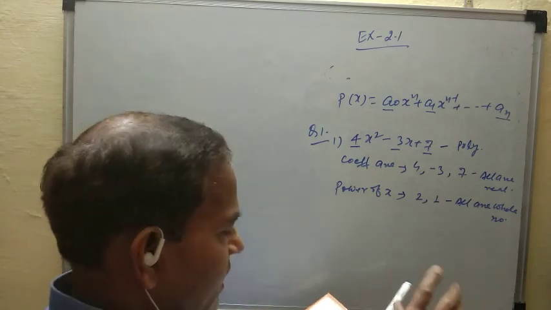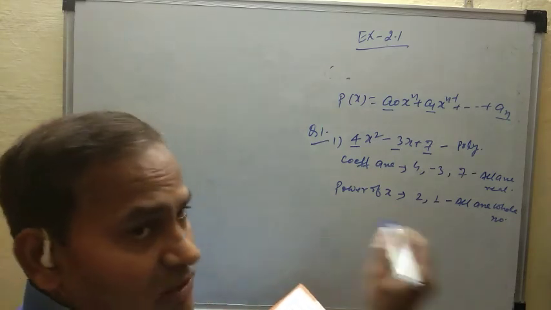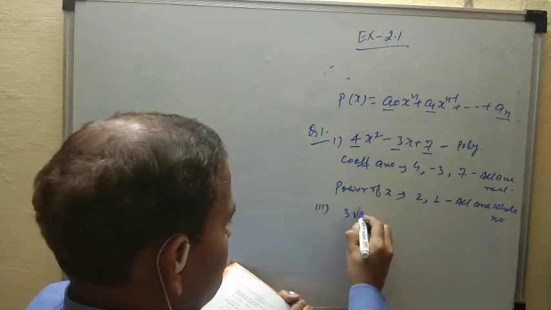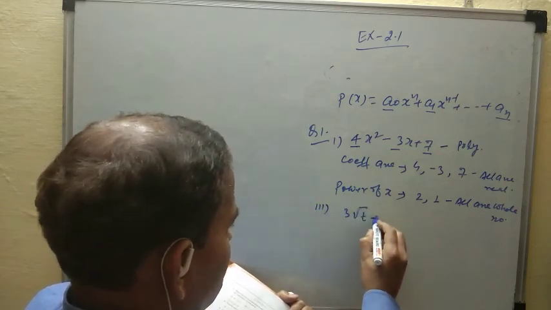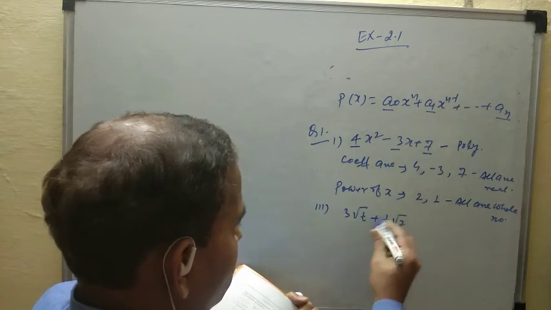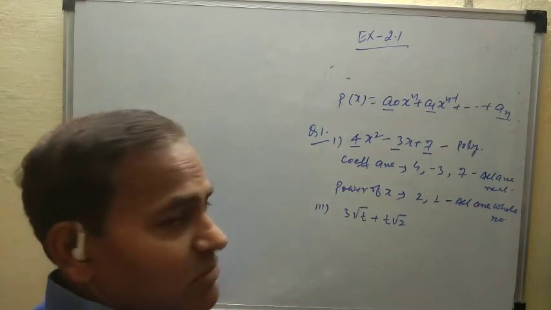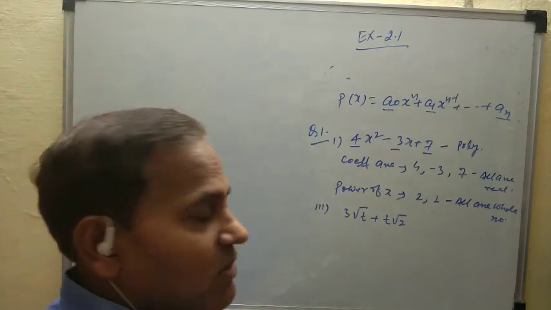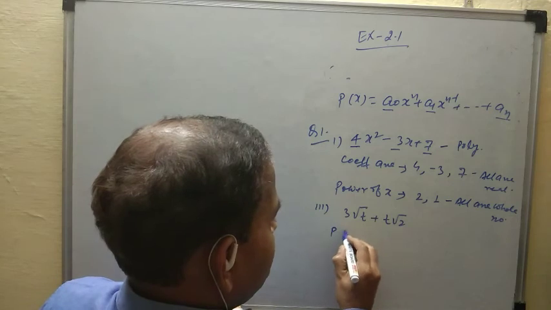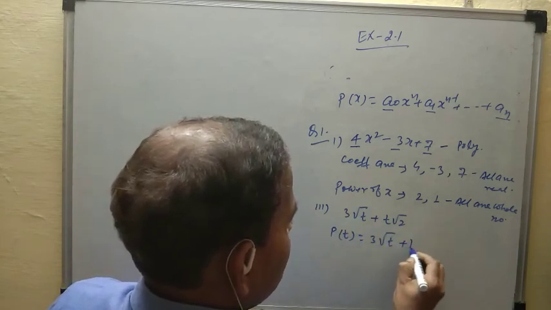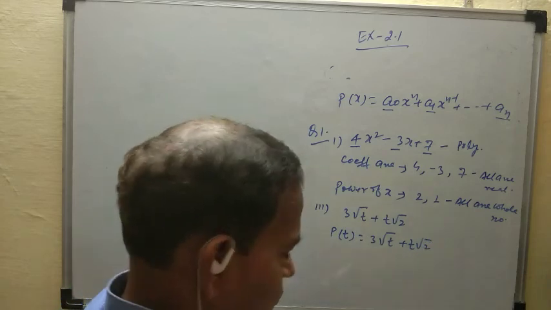Similarly, the second is also a polynomial. Third, 3 root t plus t root 2. Here the variable term is t. That is, here p of t is equal to 3 root t plus t root 2.